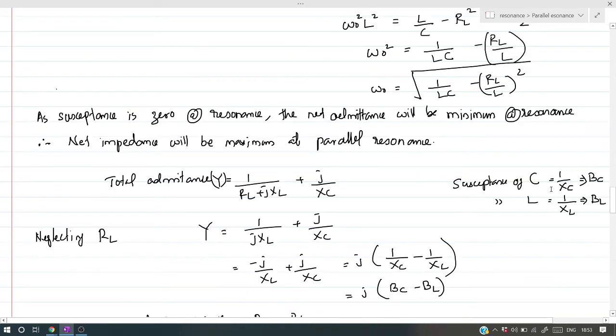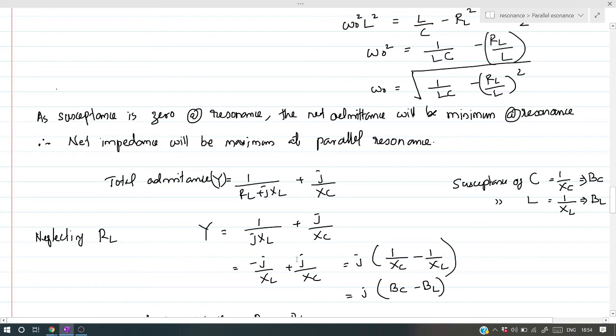The susceptance of capacitance is 1 by XC, that is BC. Let's denote it by BC. And susceptance of inductance is 1 by XL. Let's denote it by BL. We know total admittance Y is equal to 1 by RL plus JXL plus J divided by XC. If we are neglecting this coil resistance RL, this can be simplified as Y is equal to 1 by JXL plus J divided by XC.